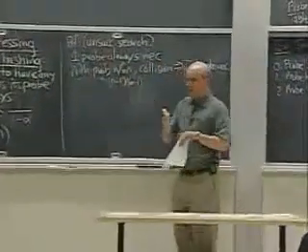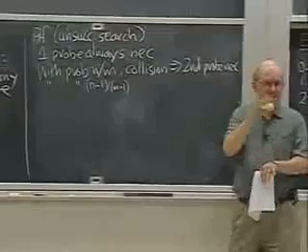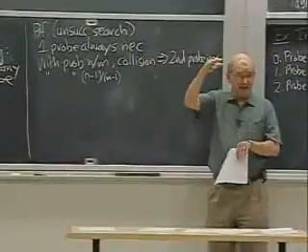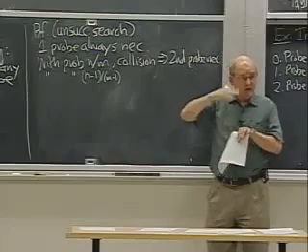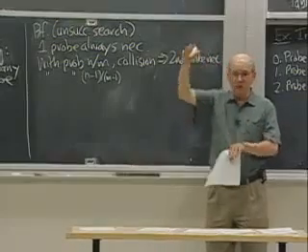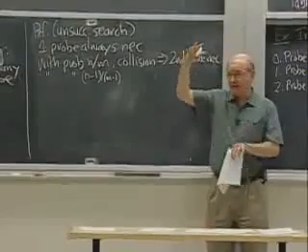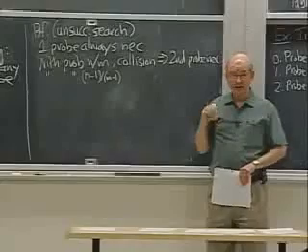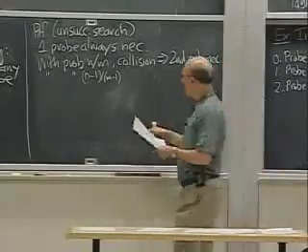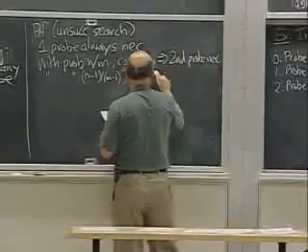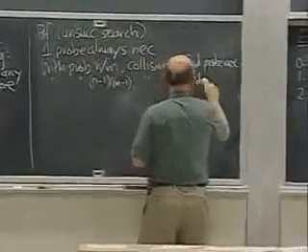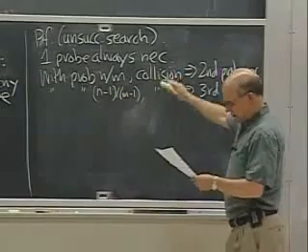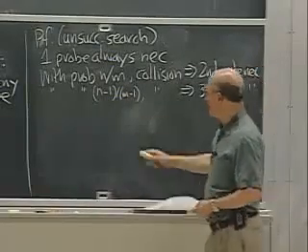Because I've essentially eliminated the slot that I hit the first time, and there was a key there, so now I'm looking at random into the remaining m minus 1 slots, where there are aggregately n minus 1 keys. Everybody got that? So with that probability I get a collision, which means a third probe is necessary. And we keep going on. So what is it going to be the next time?